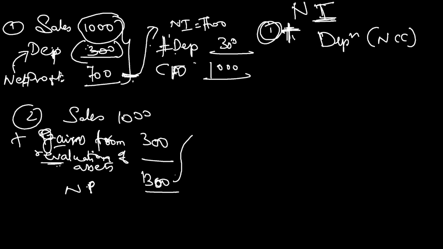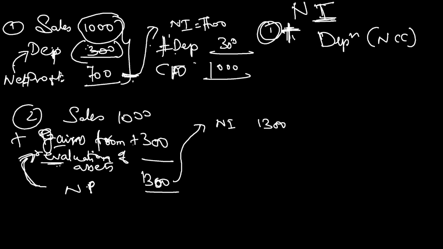So for that reason, when I calculate cash flow from operations, I will begin with net profit or net income 1300. And then when I go up in the reverse direction, I see that gains from revaluation of assets doesn't make any sense from a cash perspective, because it is just the revaluation, not the actual cash.